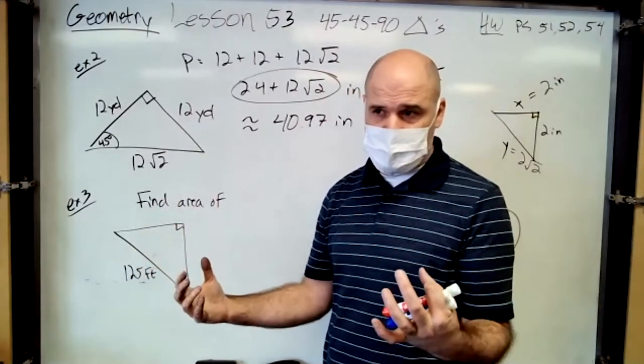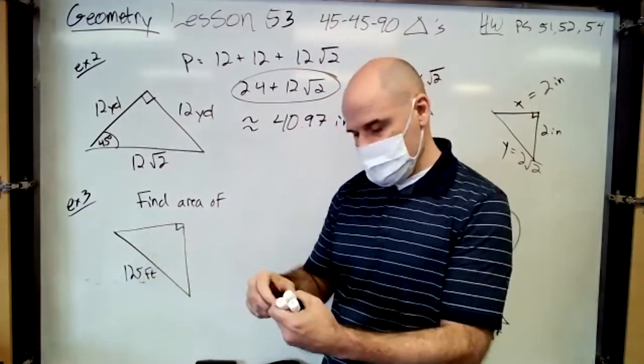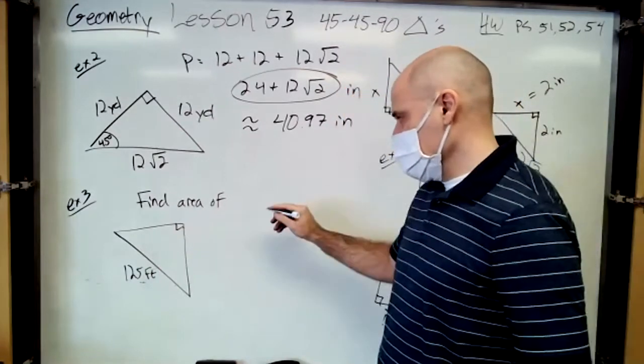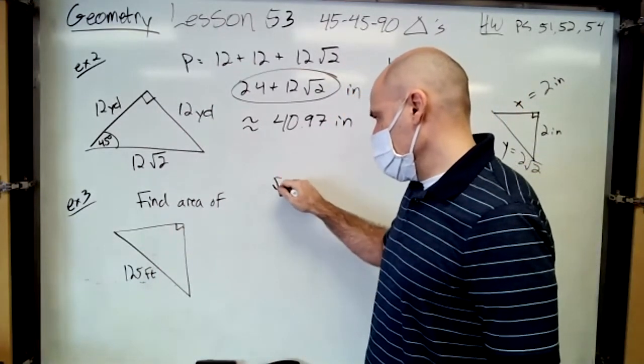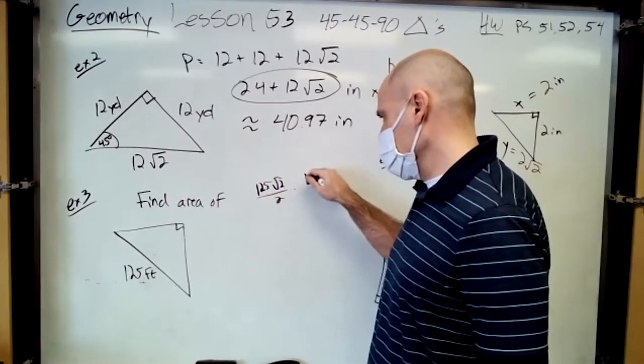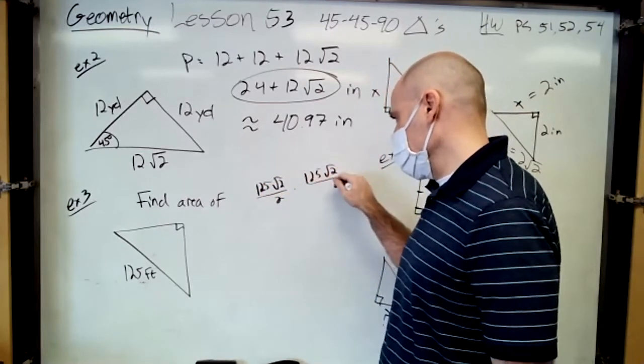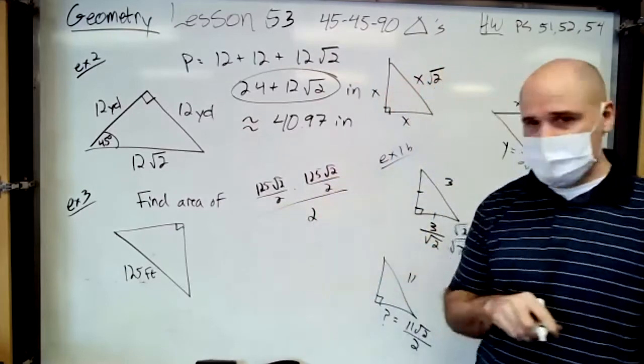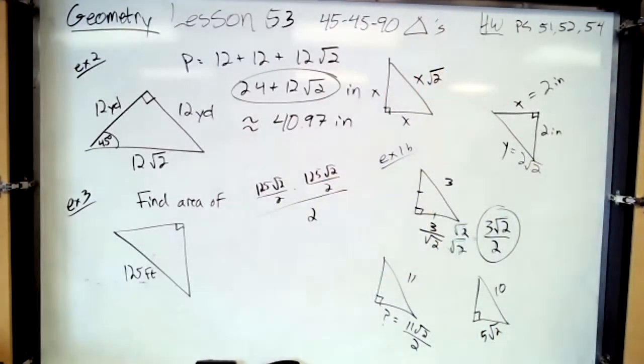It's actually 125 radical 2 over 2 times 125 radical 2 over 2, divided by 2. That's the step I got stuck at, because I couldn't figure out the 1.4.